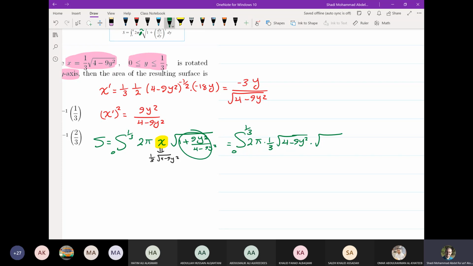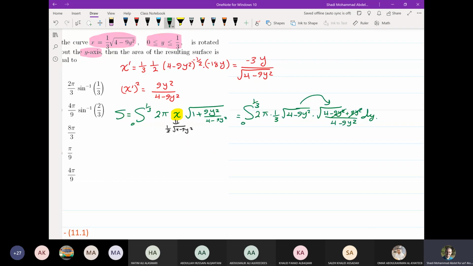Make it with the same denominator. So it will be 4 minus 9y squared plus 9y squared over 4 minus 9y squared, right? This one cancels that one. And when you multiply the root by the root, we have the same denominator with the numerator, which will simplify also.